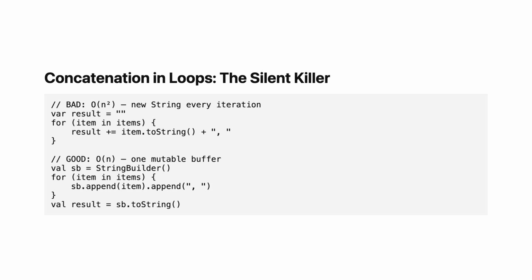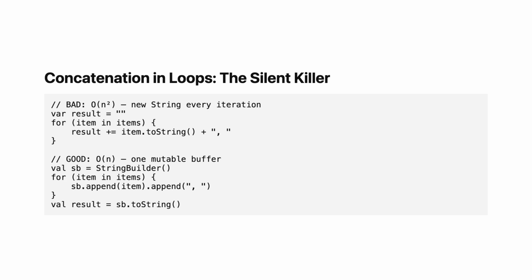You are copying an ever-growing string over and over. For 10 items, you create 10 string objects and copy a total amount of data that grows quadratically. For 100 items, you are allocating and copying a staggering amount. This is O of n squared behavior, hiding behind the simple-looking plus equals operator.